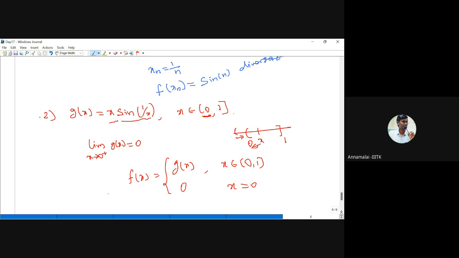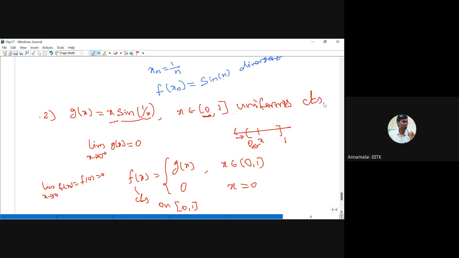The limit as x goes to 0 of f of x is nothing but f of 0, and f of 0 is 0. So this f is continuous on the entire closed interval, and this is uniformly continuous. Therefore, g is uniformly continuous. The given function is uniformly continuous.